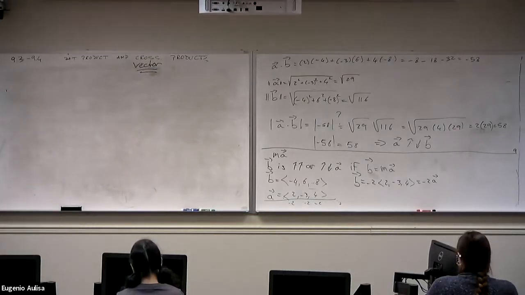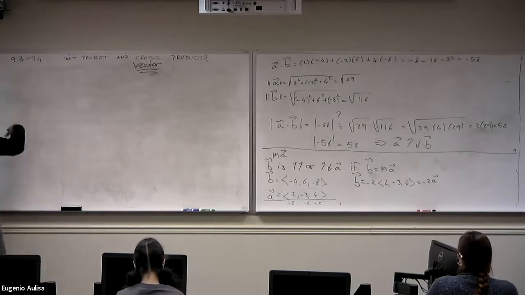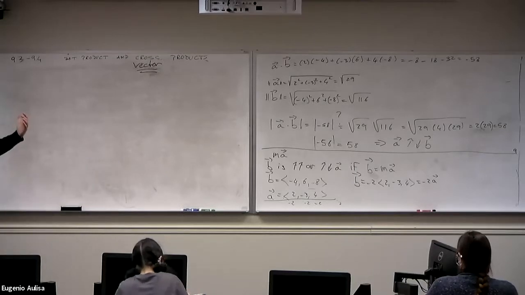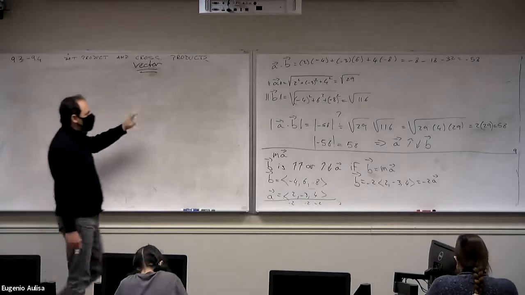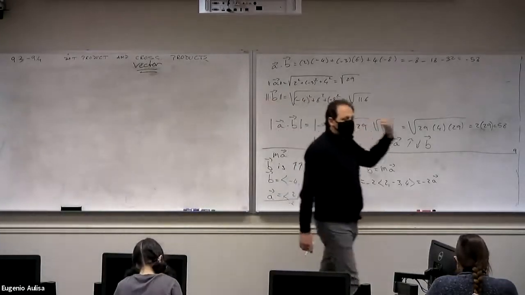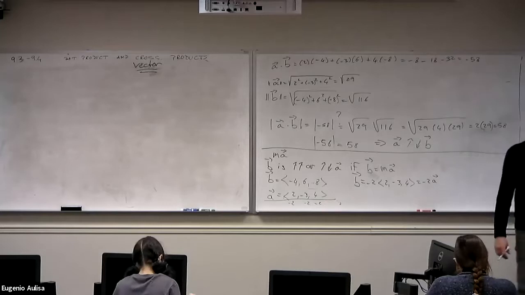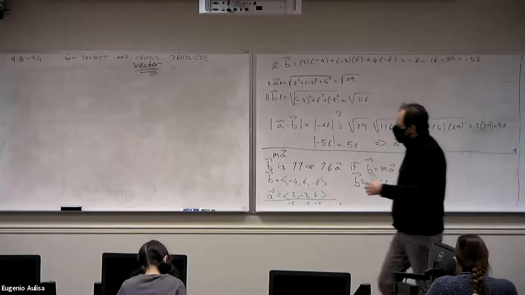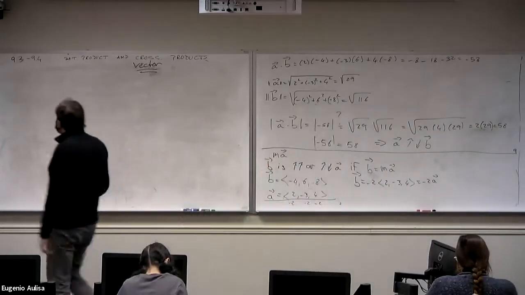It's not a number, not a scalar, as the dot product is; it's a different vector. The dot product makes sense also for 2D vectors. You just drop the third components. The cross product makes sense only in 3D. Okay? So this is the generic definition.